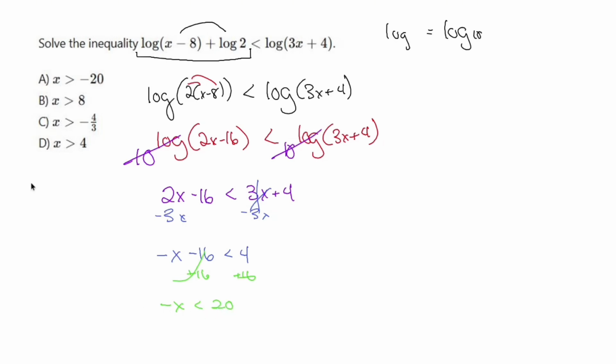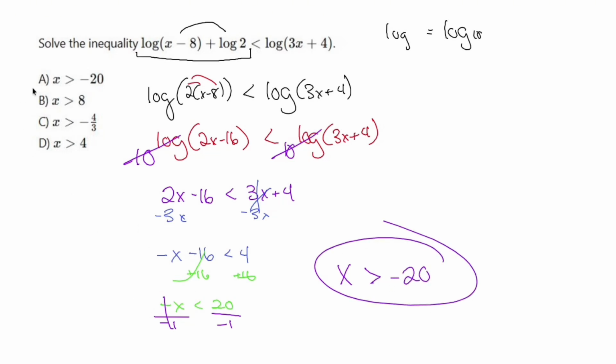Divide both sides by negative 1 to get rid of the negative, and whenever you divide an inequality by a negative number, you flip the sign. X is greater than negative 20, which is going to be A. So the problem looked bad, but really wasn't. It was fine. I survived.